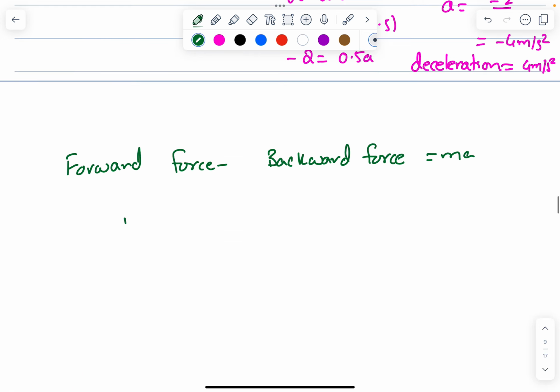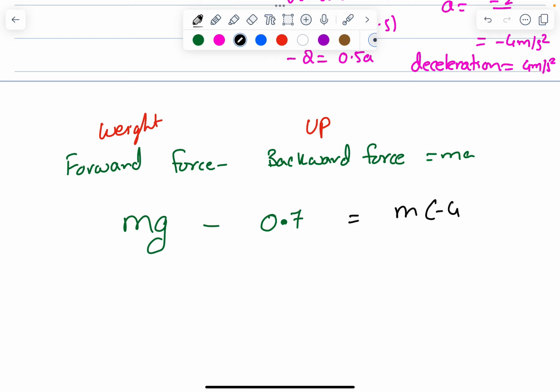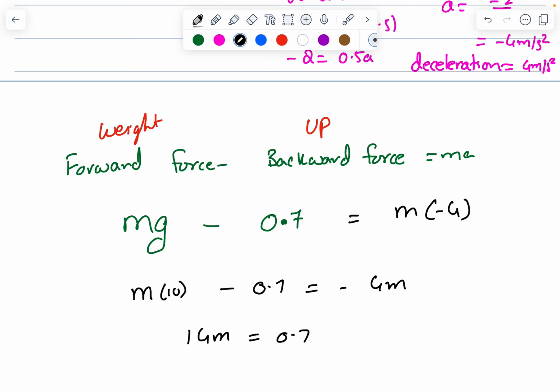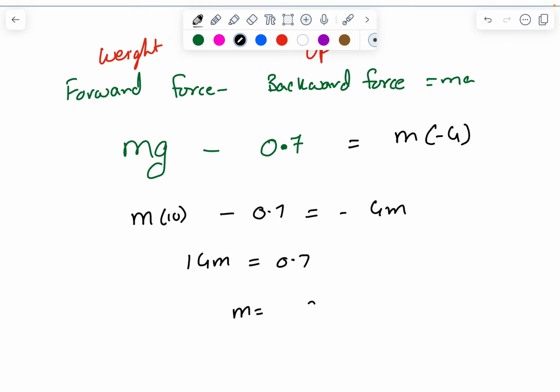The forward force is the weight mg, minus the backward force, the resistance of 0.7 pushing it upwards, equals ma. We don't know m, and a is minus 4. So mg minus 0.7 equals ma, so 10m minus 0.7 equals negative 4m. So 14m equals 0.7, so m equals 0.7 divided by 14, which is 0.05 kg. That's the answer.